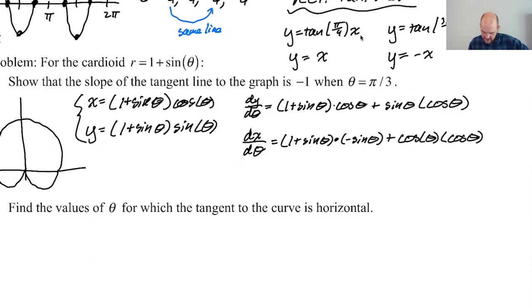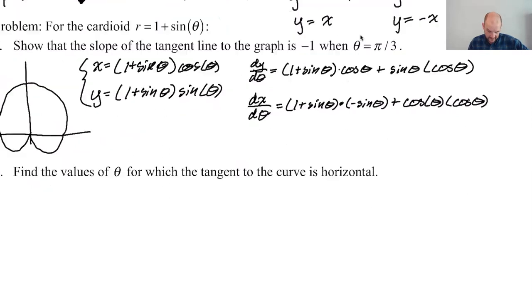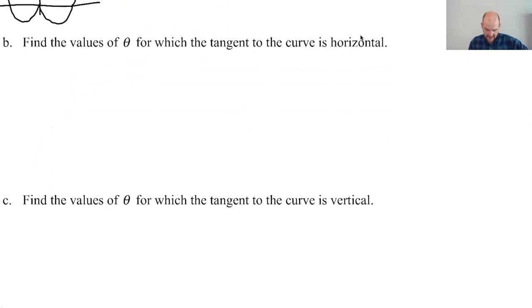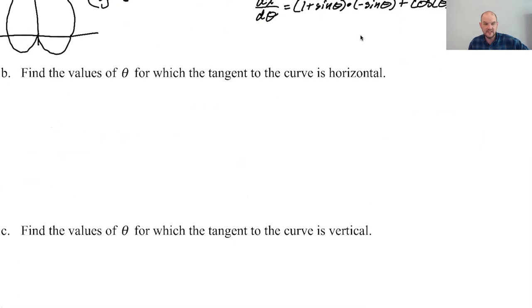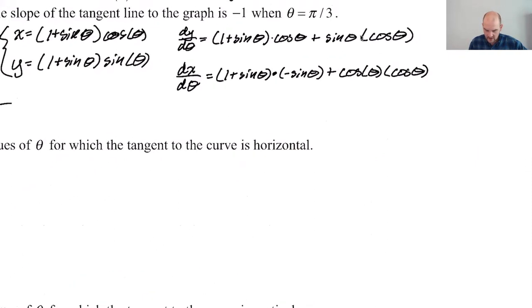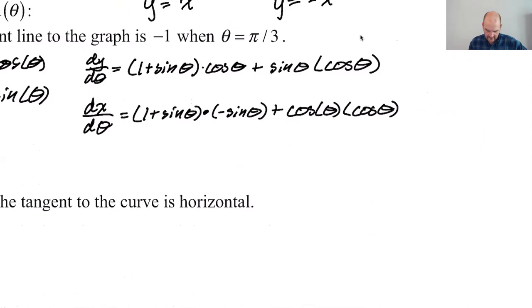And then do I want to do that? I might, because in the next part I have to find where the tangent is horizontal, which means where dy d theta is 0 and dx d theta is not 0. And then I want to find where it's vertical, which means dx d theta is 0 and dy d theta is not 0. So I may want to simplify these, but I definitely don't want to simplify these, if you're not picking up on that.